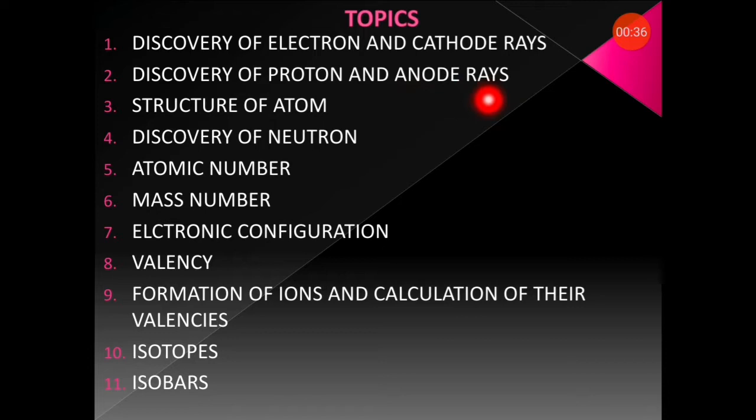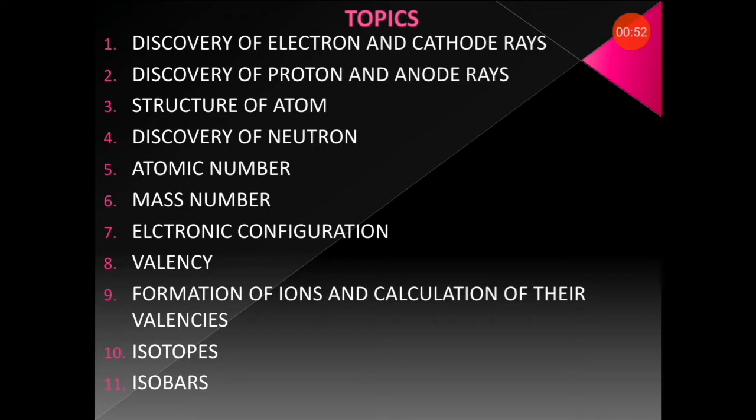So in that we had discussed the electrons and protons. Electrons are negatively charged and protons are positively charged. Electrons are cathode rays and protons are anode rays.